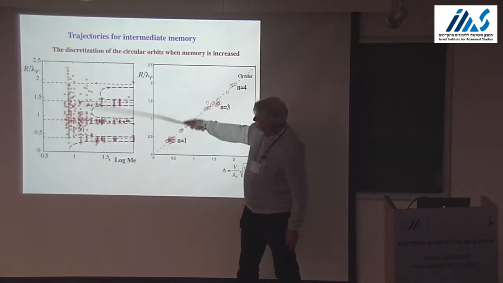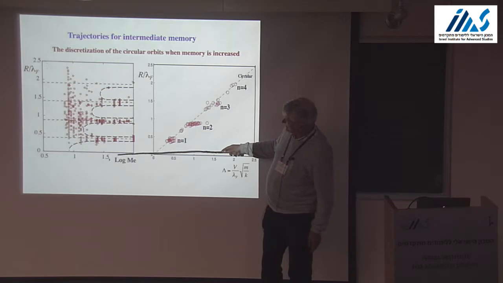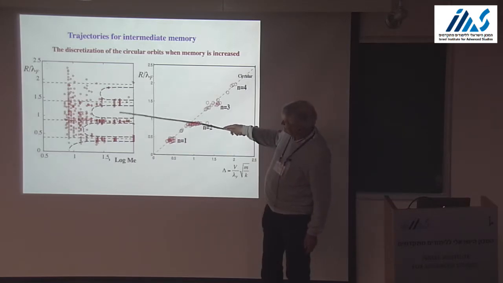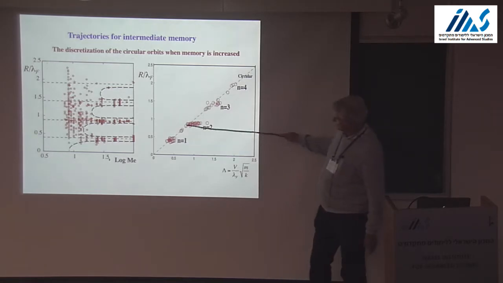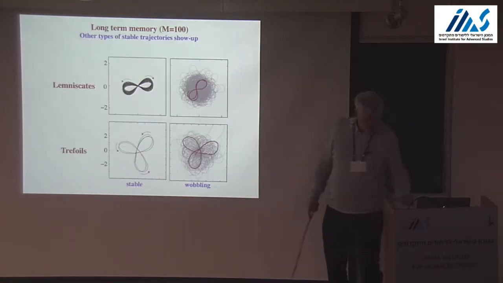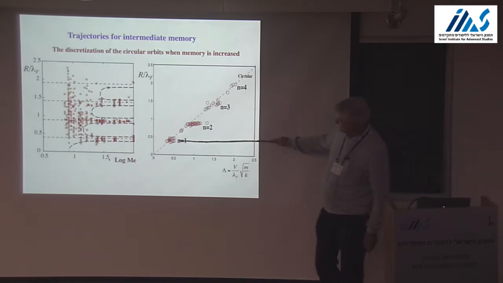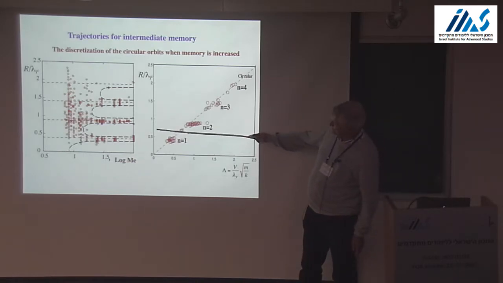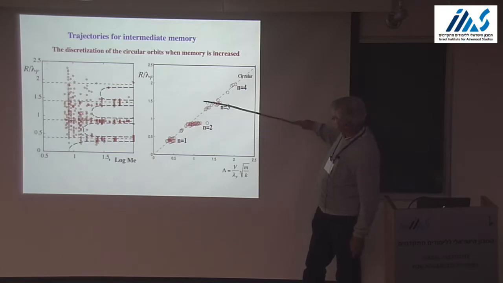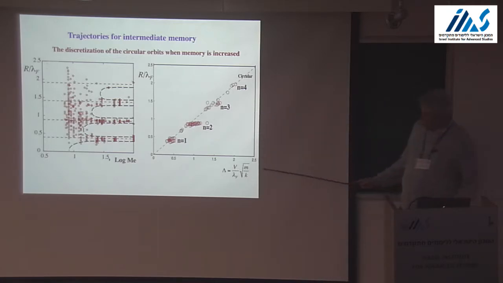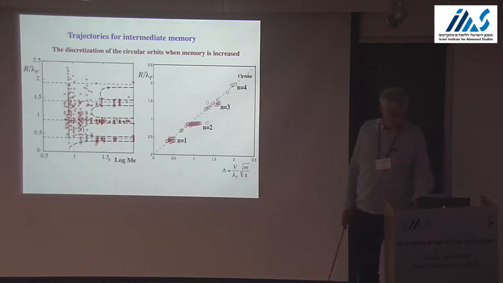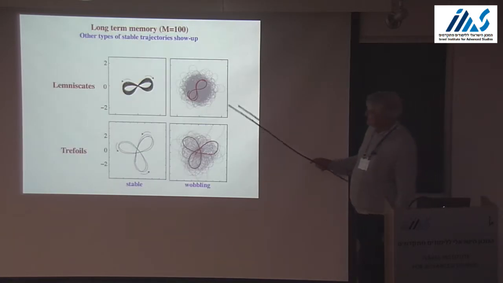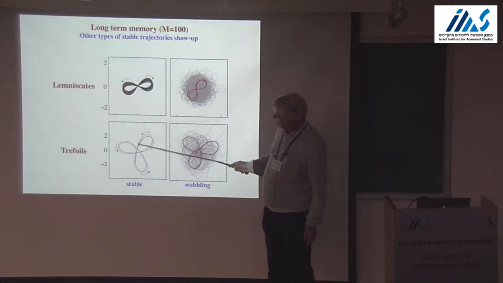For low memory, any radius is possible, and for large memory, only discrete values of the radius are possible, characterized by a number which is linked to the ratio of the radius to the wavelength. Okay, so the surprise comes from the fact that new types of orbits show up that don't exist at low memory, and that are in the shape either of lemniscates like this or of trefoils.